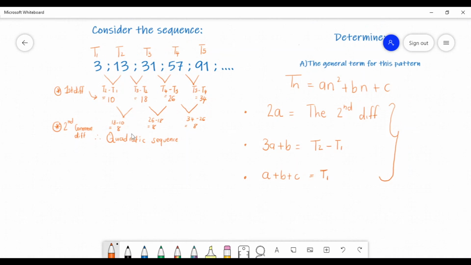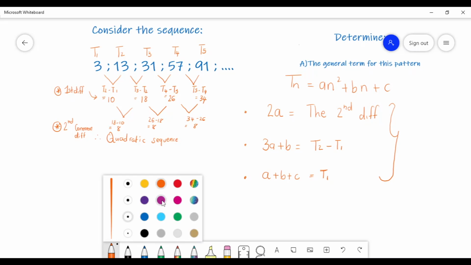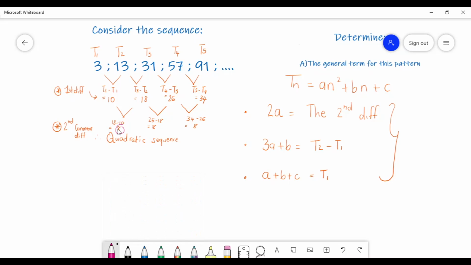On my quadratic sequence, the second difference is this constant, the second common difference. So 2a is equal to the second common difference, all right? And that is the value 8. So the second difference is equal to 8.